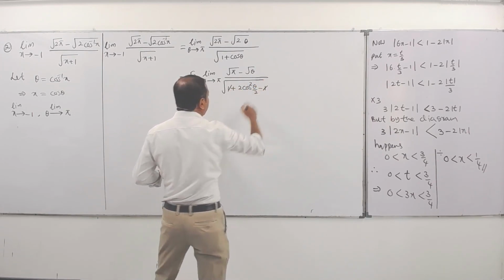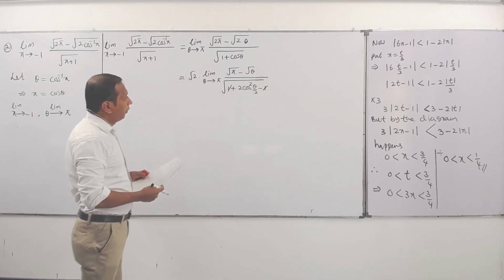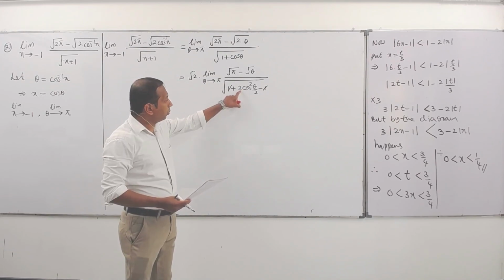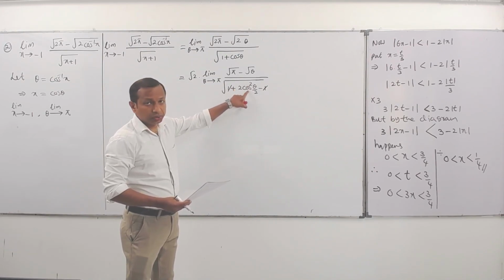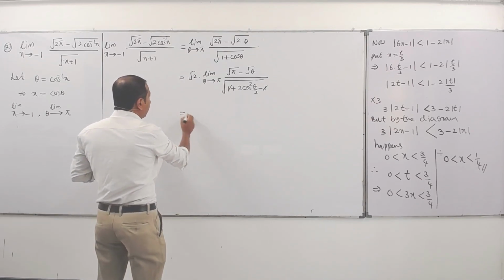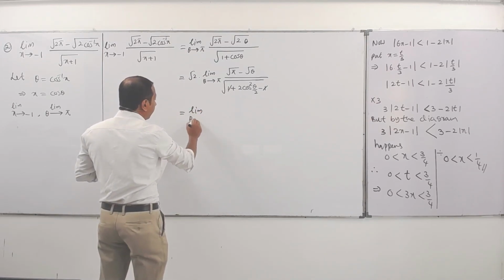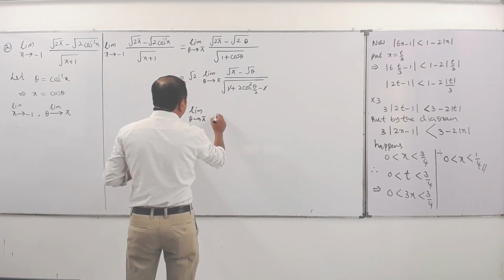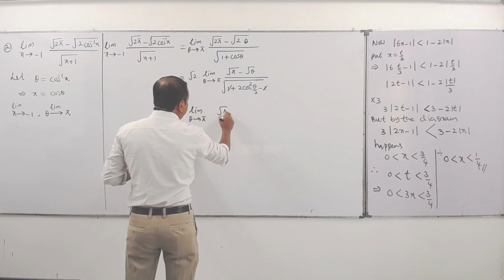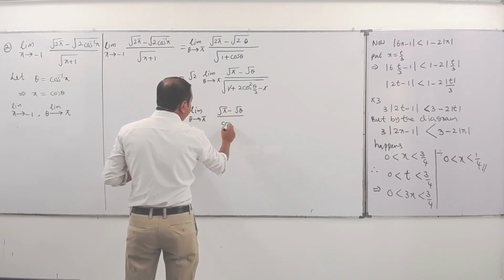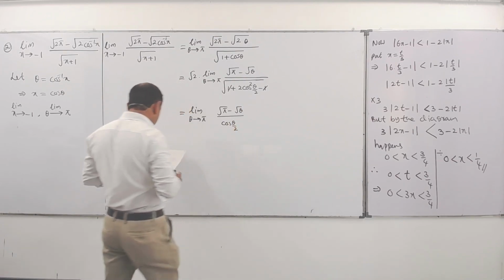This and this we can cancel down. Then we take the root of 2 cos² theta/2, which is cos theta/2. So this root 2 is done with this root 2. Then we get limit theta going to π of (root π minus root theta) divided by cos(theta/2). This way I can write.